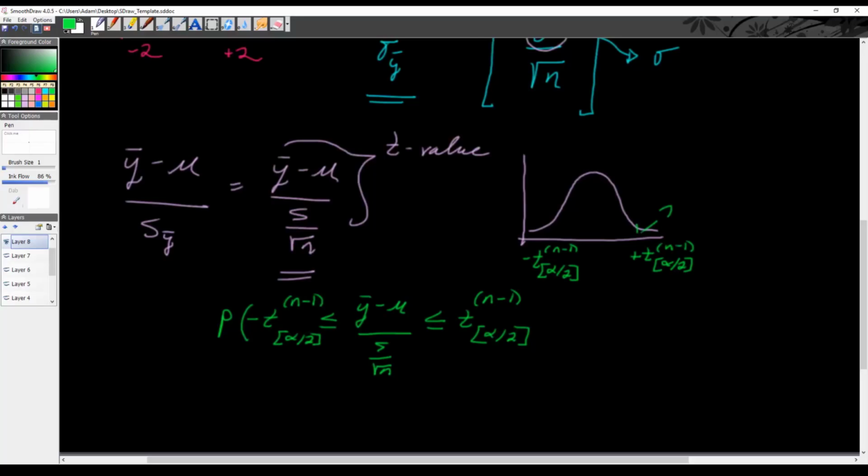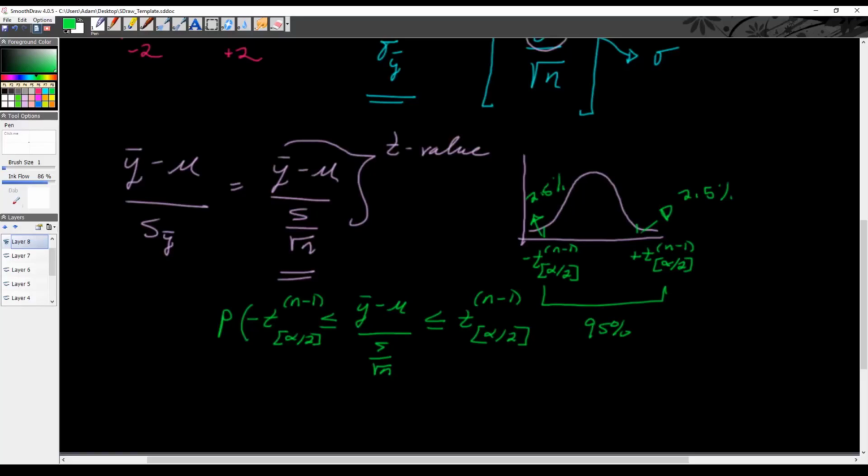So if I put, let's say, 2.5% in each tail, and I find those critical t values, then I've got a 95% interval.